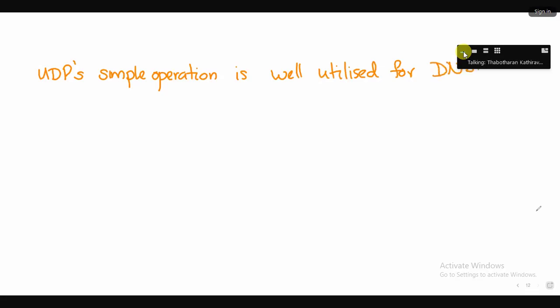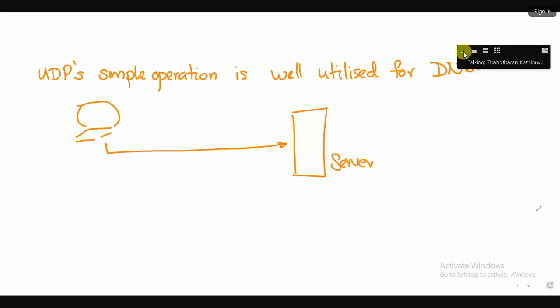You remember DNS, domain name system? So in DNS, hosts send queries to some server. I don't mention which server because there are root servers, there are authoritative servers. I'll just say DNS server: authoritative servers, top level domain servers.